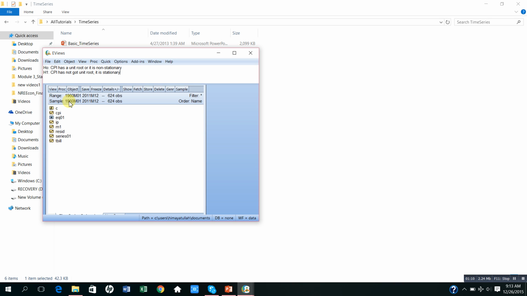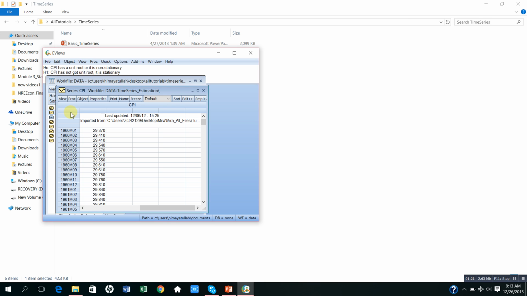Before using the formal augmented Dickey-Fuller test, I'll first open my variable, that is CPI, and if I double click it, the data is generated here.